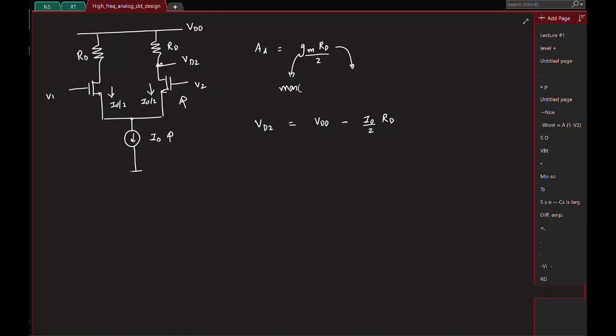Okay. So let me just show it using a graph so that you can understand the solution quickly. So let's say I plot the IV characteristics of this resistor RD. Okay, and I'm saying RD is very, very large. So how will this IV characteristic look like?